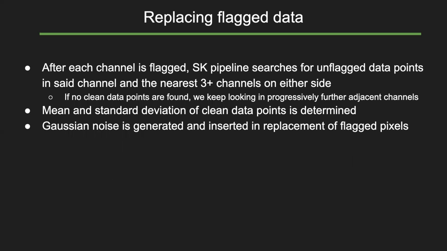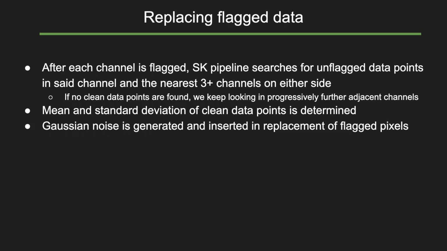And then another word about replacing flagged data. This is something that Ryan and I had a little bit of back and forth on, to figure out what works and what doesn't. We find, at least for the pulsar data that I'm about to explain, after each channel is flagged, the pipeline searches for unflagged data points in that channel and the nearest 3 channels on either side.